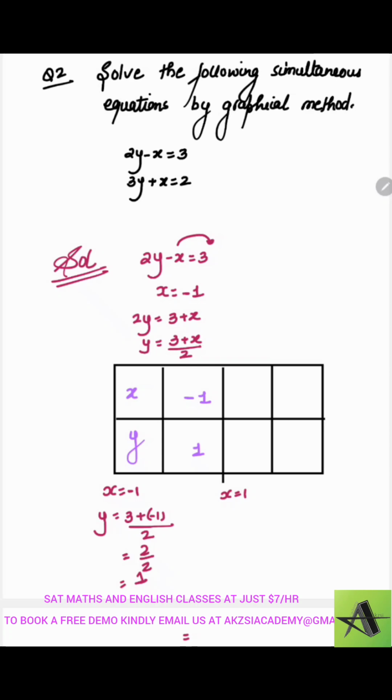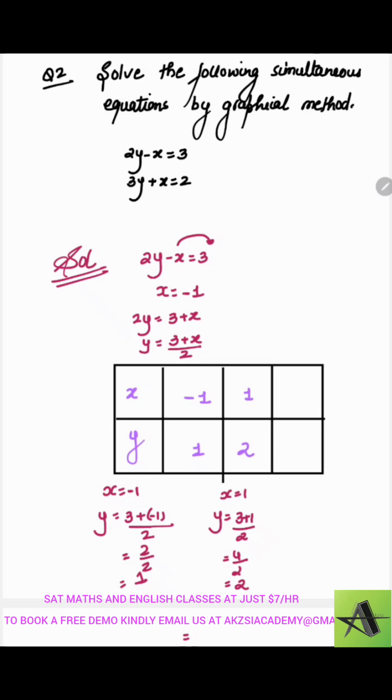You can pick any value of x and find the corresponding value of y by substituting the value of x in the given equation. Now y equals (3 plus 1) over 2, and 4 over 2 is 2. So when x equals 1, y is 2.